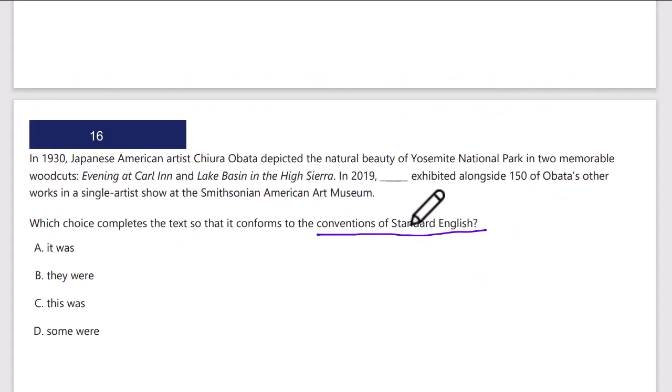Again, grammar question, quick vertical scan. I see all the pronouns. It, they, this, some. It is singular. This is a demonstrative pronoun. This or that, they point to a certain thing. Some is an indefinite pronoun. Every, many, each, all, some. Indefinite pronouns, remember, some are always singular, like each and every.